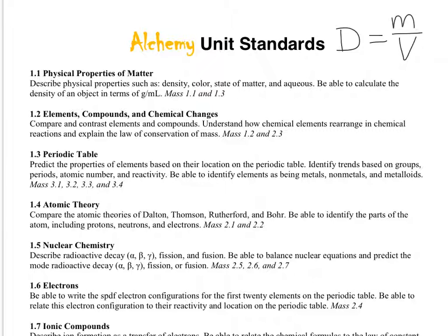So let's take a moment to look at the periodic table again and familiarize ourselves a bit. Again, real quick in summary, those properties can include things like what group they're in, what period they're in, their atomic number, their reactivity, their mass, and also whether they are metal, nonmetal, or metalloid.